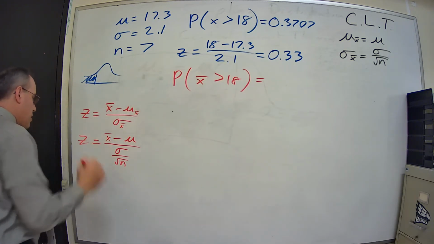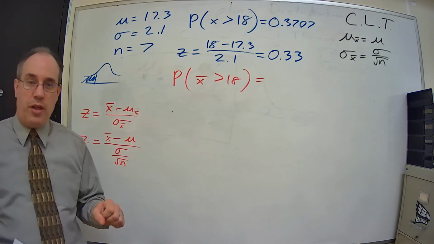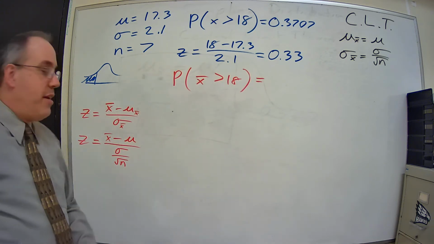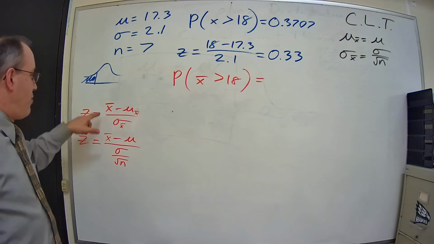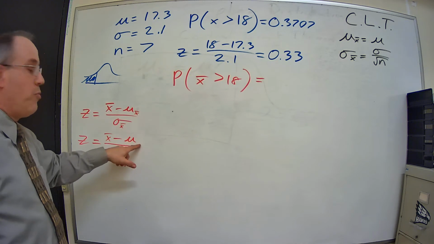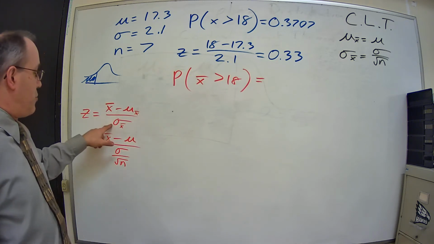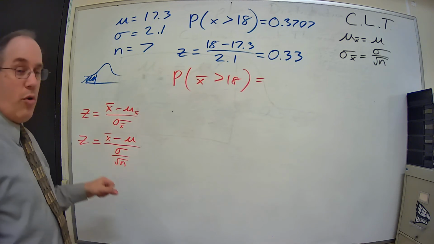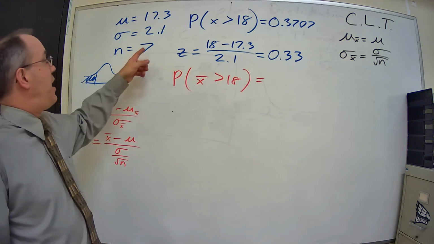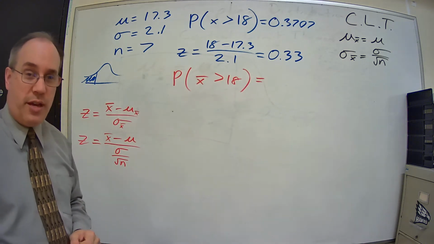So now I have a new version of the z-score formula. It's not a different method. It's just that x became x bar, mu of x bar took the place of mu, but that's equal to mu, so we're good there. And sigma of x bar took the place of sigma, so we get sigma over the square root of n. So we have a slight modification because we want to find the z-score of a sample mean, not of a particular data value.